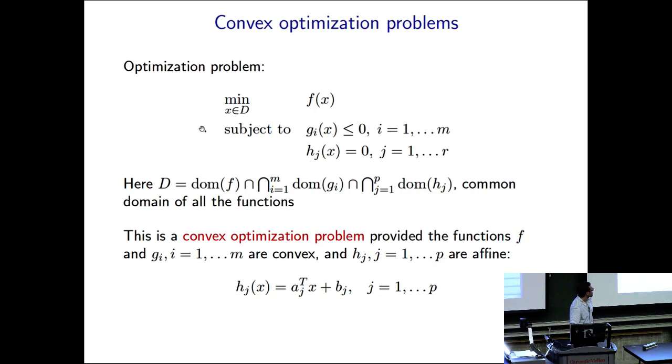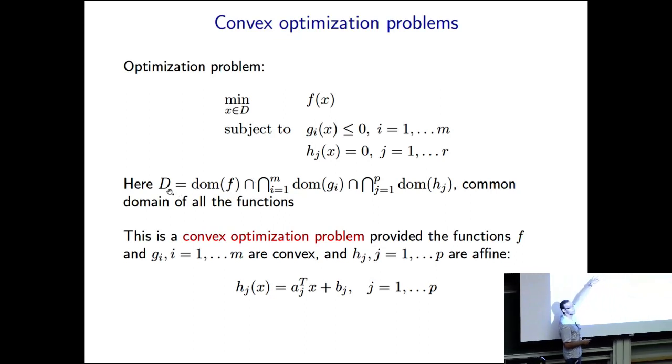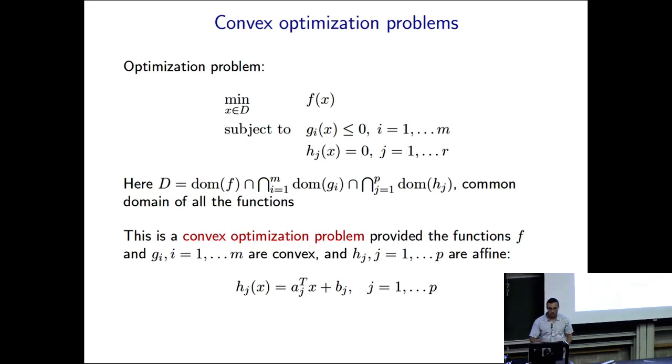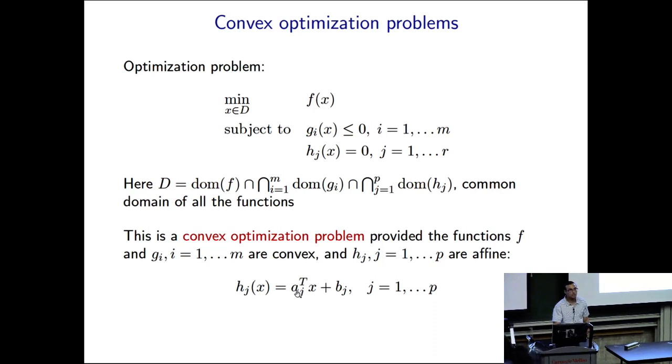A convex optimization problem is one of this form, where f is convex, each of those gi's is convex, and each of those hj's is affine, which means that it can be written as this linear function of x, aj transpose x, for some vector aj, plus a constant bj. That's what a convex optimization problem is.